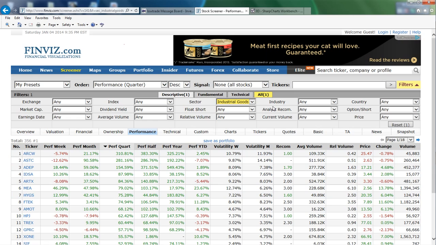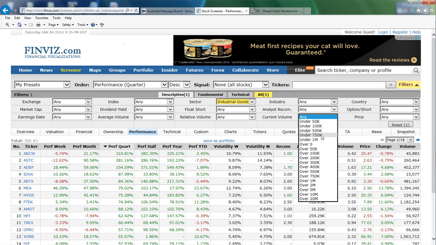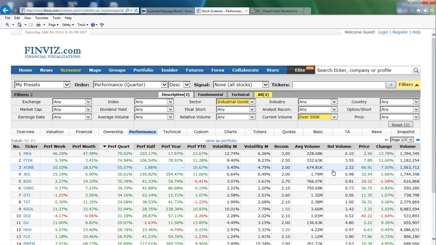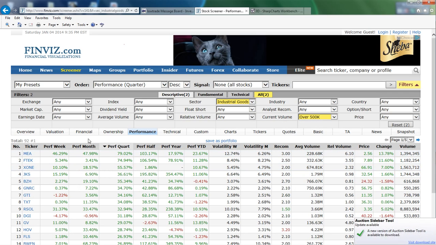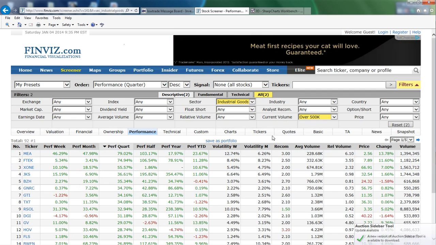Okay, go over relative volume, current volume, over 500K. So we're going to shorten our list a bit. The other thing that gets a little interesting once in a while is, because now I'm looking for a swing trade on a 3-month chart with the best performance, let's see what's been really hot recently.